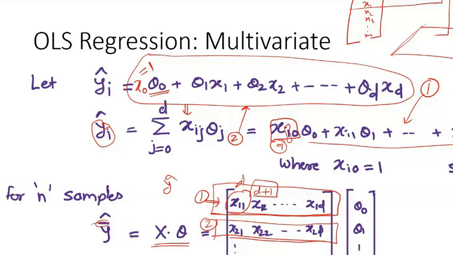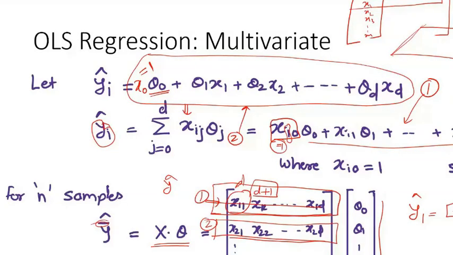Now, if you take the first row and multiply with this column, that will be y1 estimated. So the first row multiplied by the theta vector will give you y1.